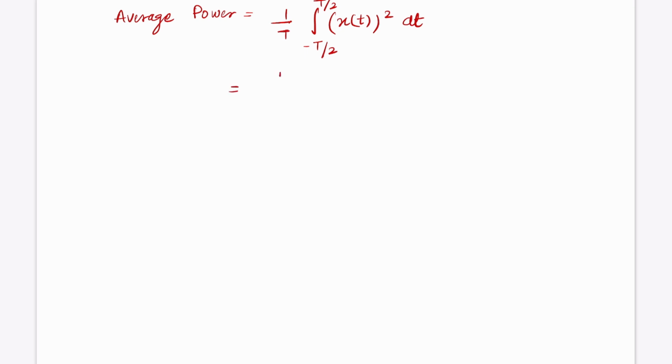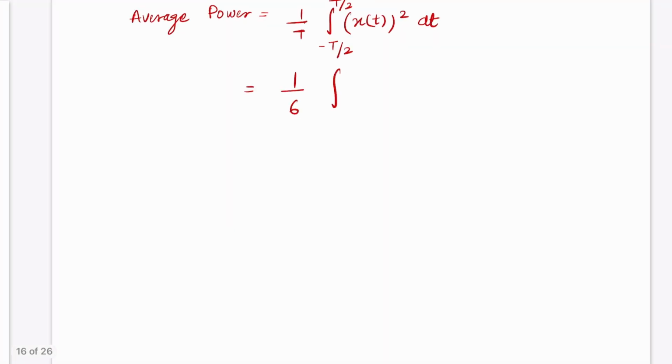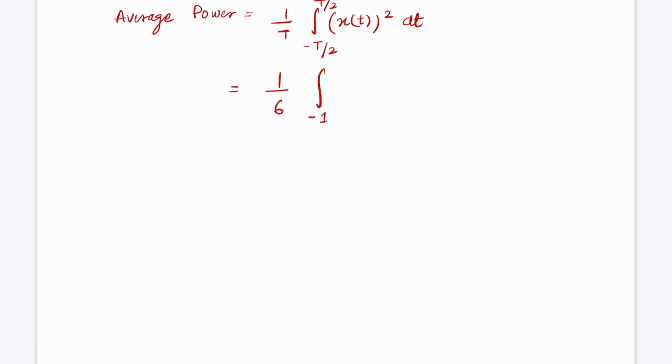So here T is 6, so 1 by 6. Now our signal only exists from minus 1 to 3, otherwise it's 0. So we will write it from minus 1 to 3 only, and instead of x(t) I can write g(t), so its value is minus 3 by 2 (t minus 1) and whole square dt.